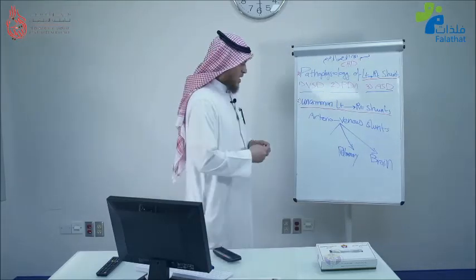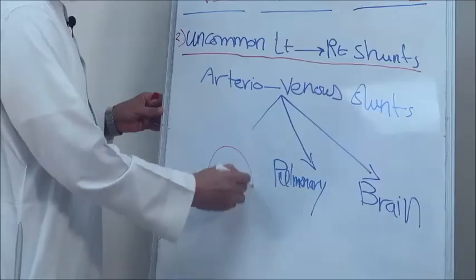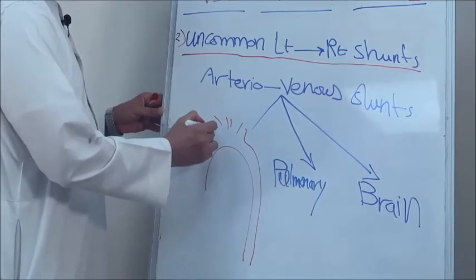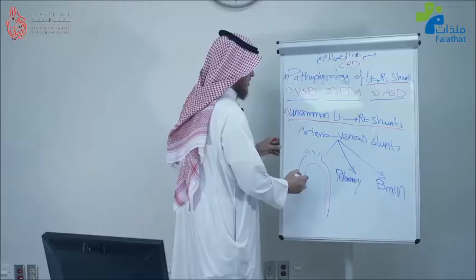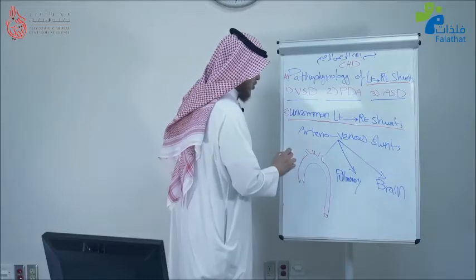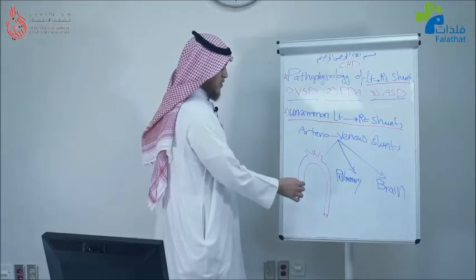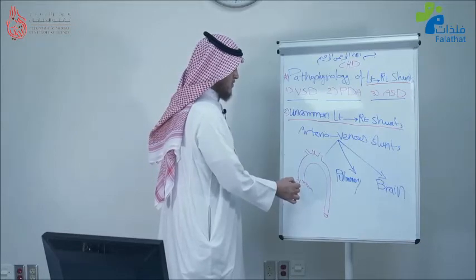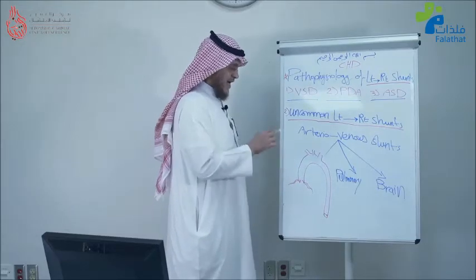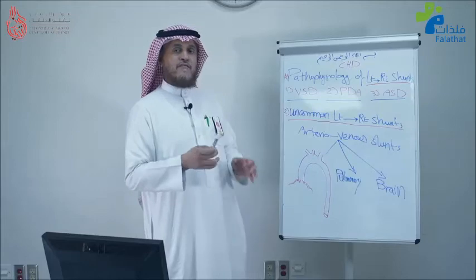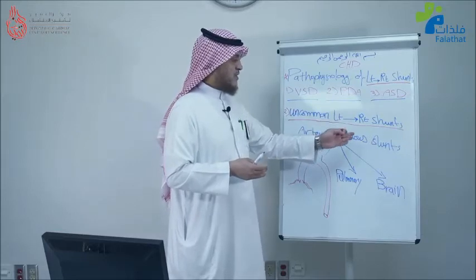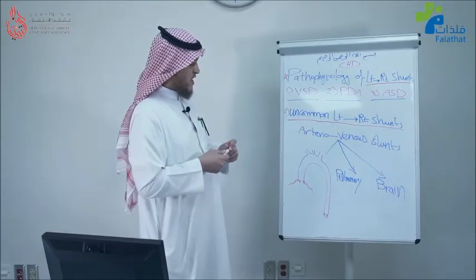If we have the aorta like that, and this is the systemic artery, any connection between this aorta or its components that derive blood from it, these are the coronaries, to a vein or a venous chamber is called a systemic arteriovenous shunt.